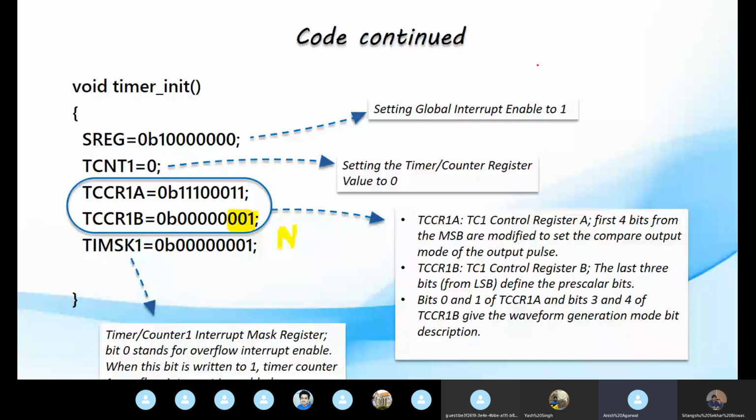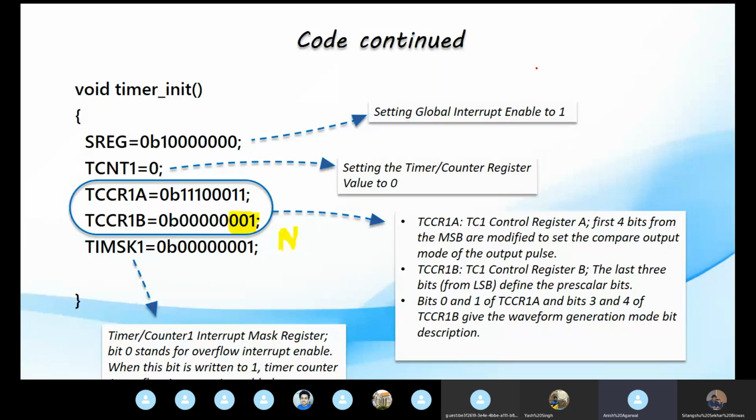While she moves to the code, I'll be explaining. As you had seen, the next register was TIMSK1. It stands for Timer Counter Interrupt Mask Register. All right, I am sharing my screen. Is it not visible? Yes, it is visible.